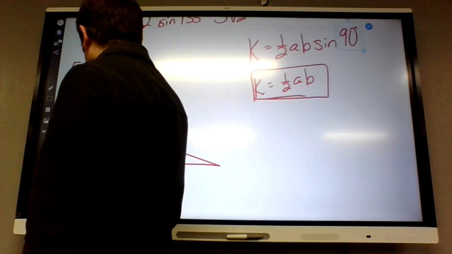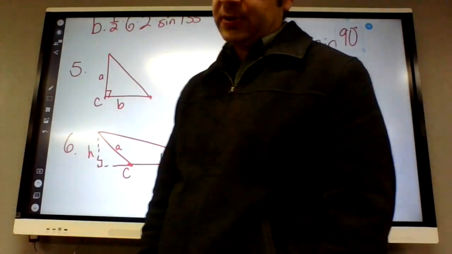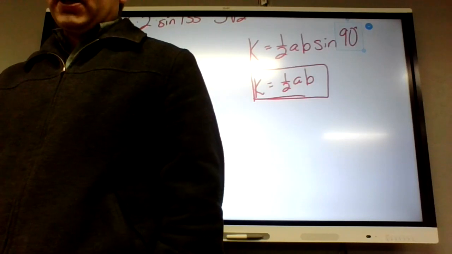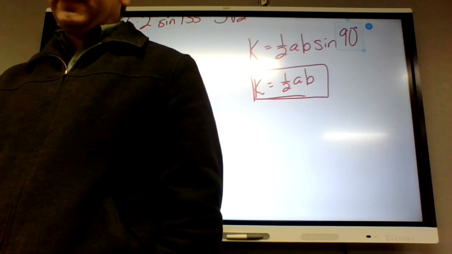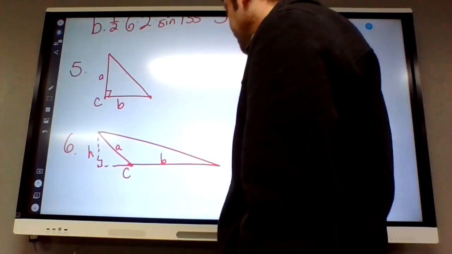On an obtuse triangle, you might have to draw the height outside of the triangle. I'm just drawing what they drew on number 6. Okay, angle C is obtuse. Show that 1/2 AB sine of C gives the area of the triangle.